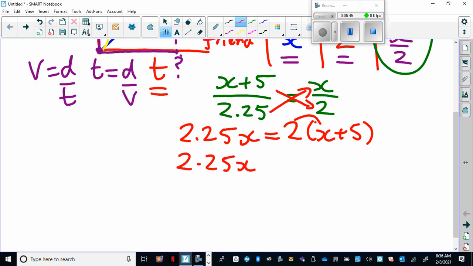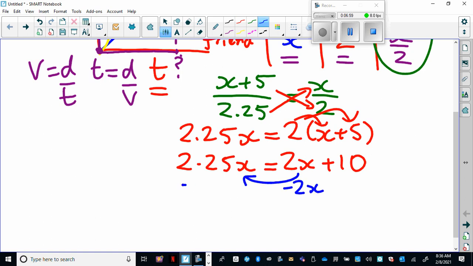Distribute the 2, 2x plus 10. Get all the x's over to one side. So let's move that 2x over there by subtracting 2x on both sides, leaving us with, oops, sorry, that should be 0.25x equals 10.